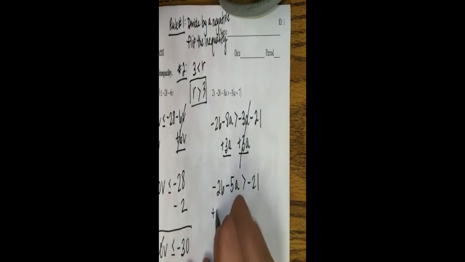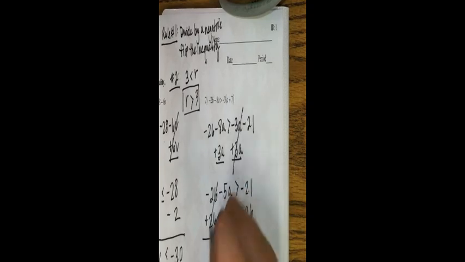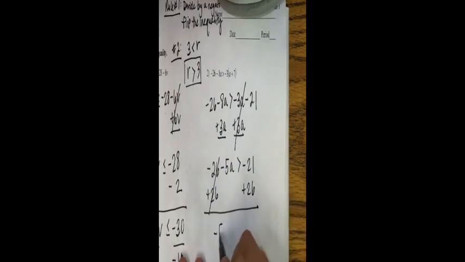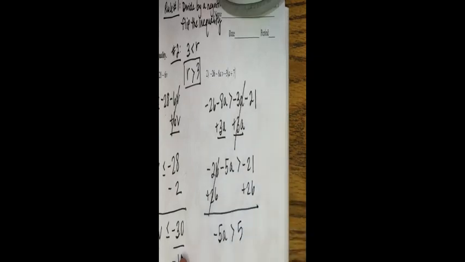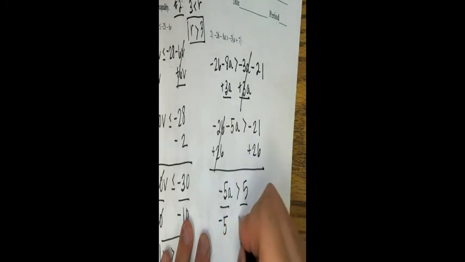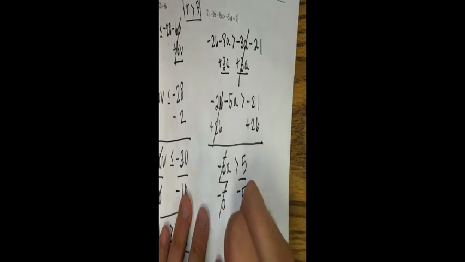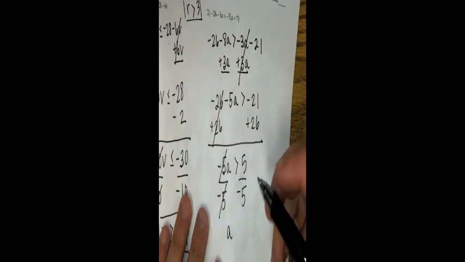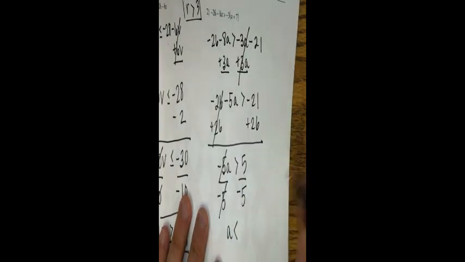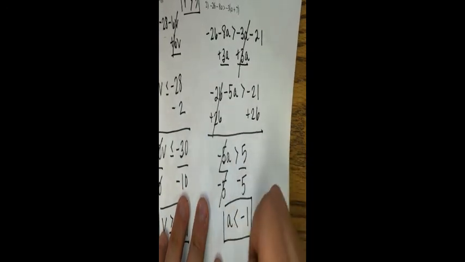You should then add 26 to both sides. And we get negative 5a is greater than 5. Okay, I'm now going to divide both sides by a negative 5. And again, you should have hopefully caught that you divided by a negative and flip this, and we get a less than negative 1. Okay, so this is the answer.